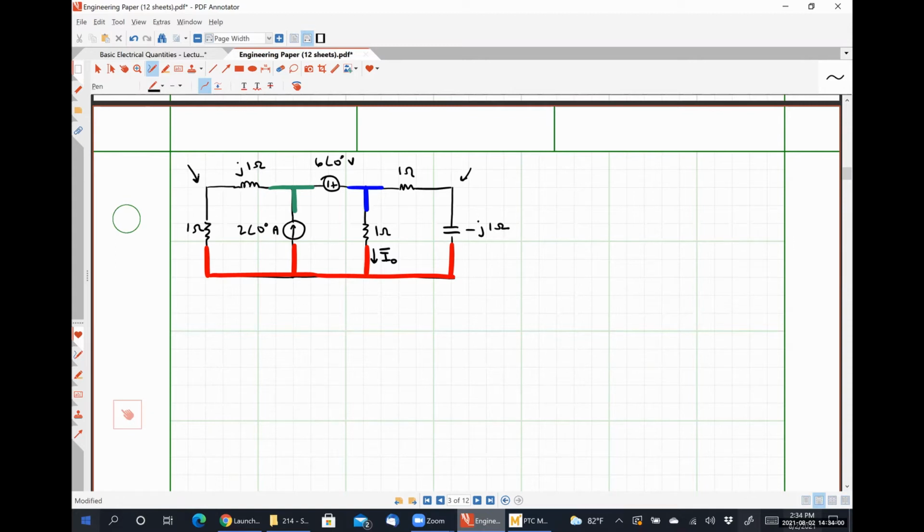And the reason for that, they are obviously nodes, but I am going to treat my 1 ohm in series with J1 ohms as a single impedance. Similarly, I'm going to treat my 1 ohms in series with a minus J1 ohms capacitor as a single impedance.